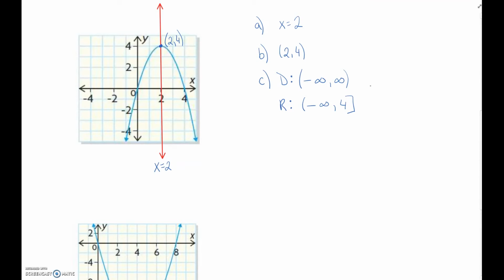When we were doing inequalities, if something was equal to that, we had a filled in dot and we were either going greater than or less than. And if it was up to that value, not including that value, we had an open dot. Same idea here when we're talking about domain and range. Square brackets included, round brackets up to but not including.